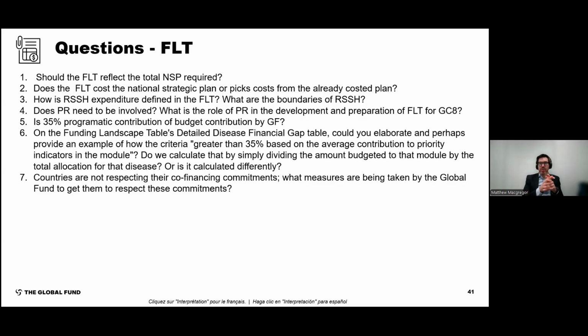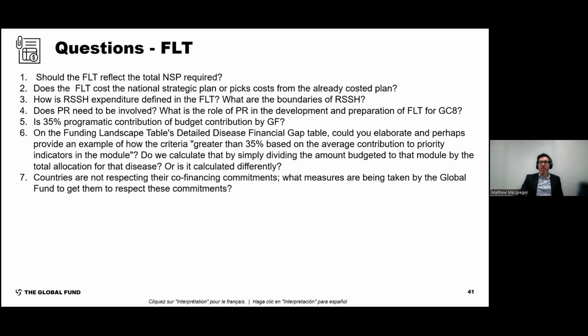There is a request to include the previous, the current, and the anticipated resources to meet the needs of the National Strategic Plan, so we have a sense of where the overall amounts of the national response are financed from. It does not pre-populate this information, though. That information has to be filled out by the applicant when they're using the tool.